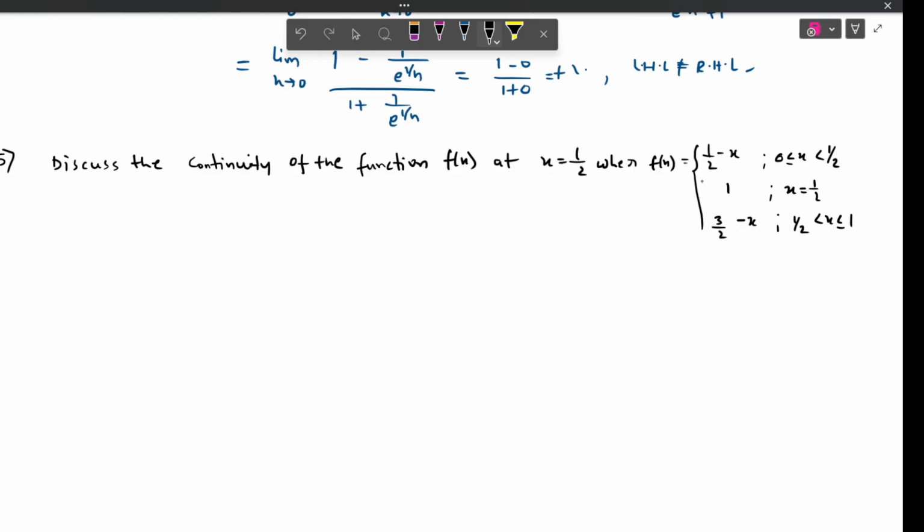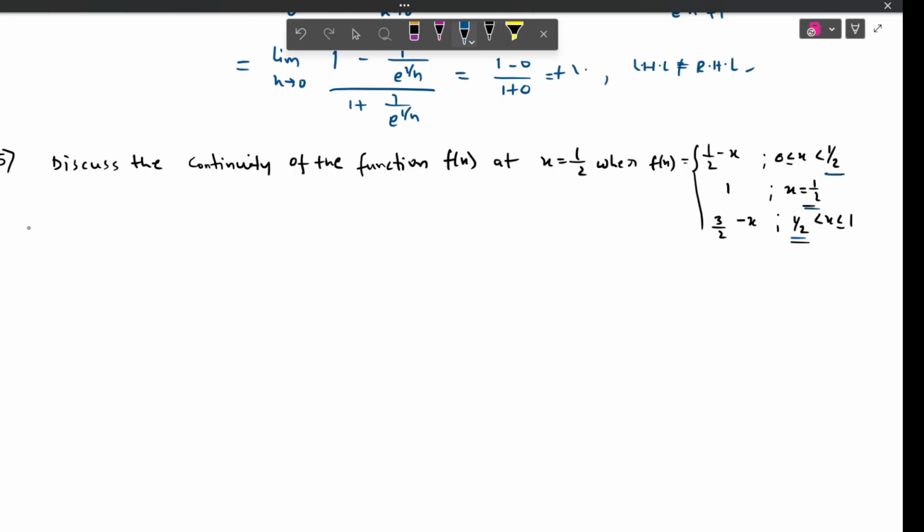So here we can see that we have 2 points, right? We have to check the continuity at x equals to half, because here it is half, it is half, and it is half. So this is the catch point, you have to observe this.